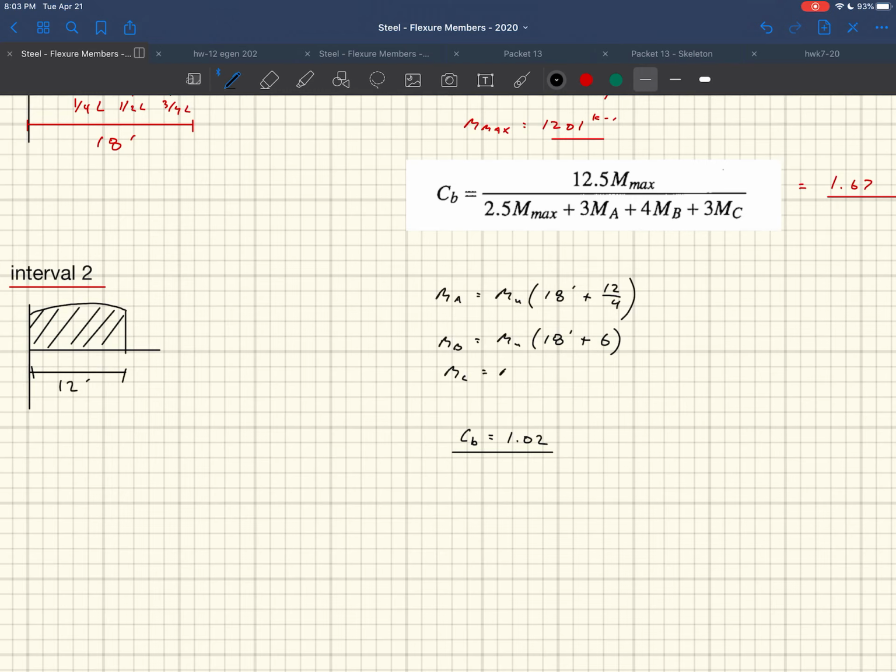Might as well write this, I guess. So MC is equal to MU of 18 feet plus 3 times 12 over 4. Right? And those are equal to something. It's equal to M max.